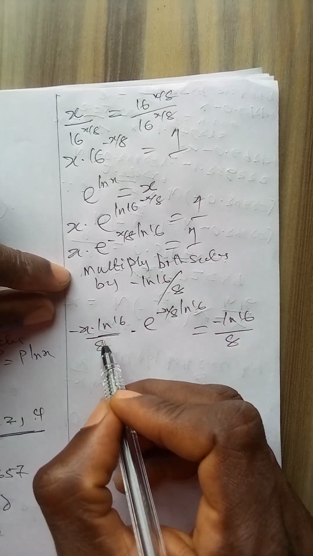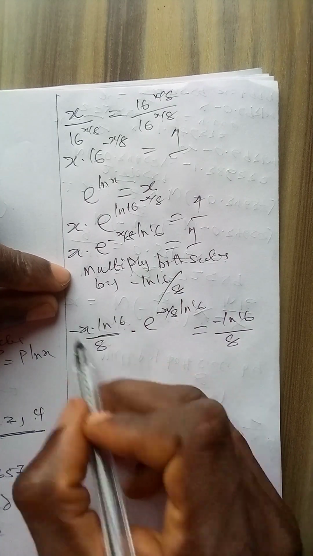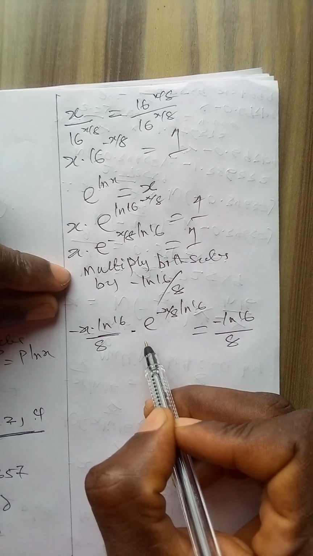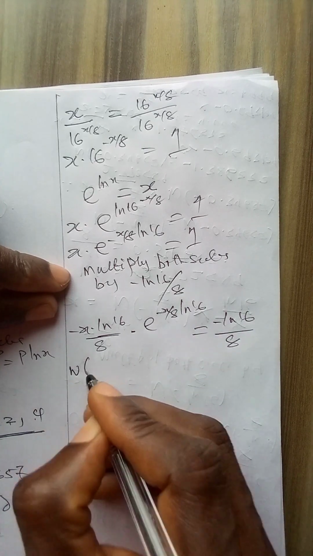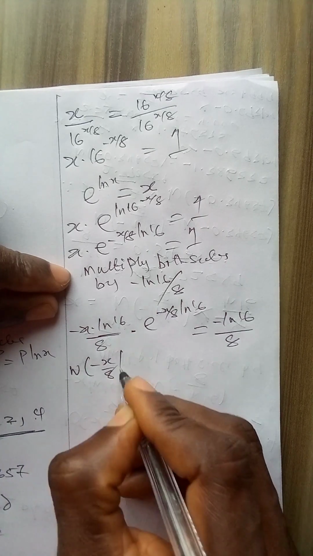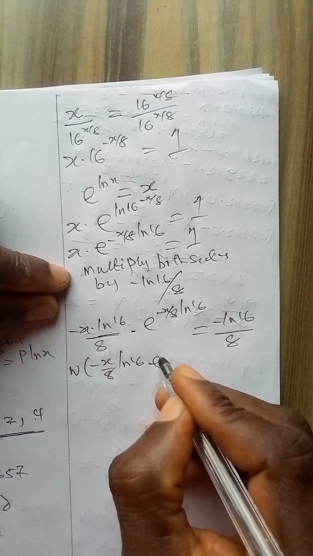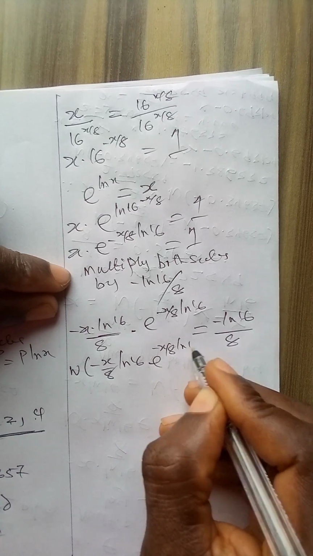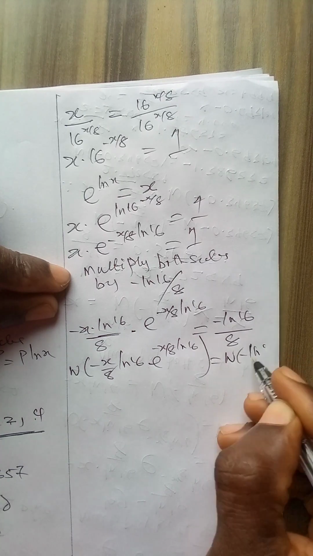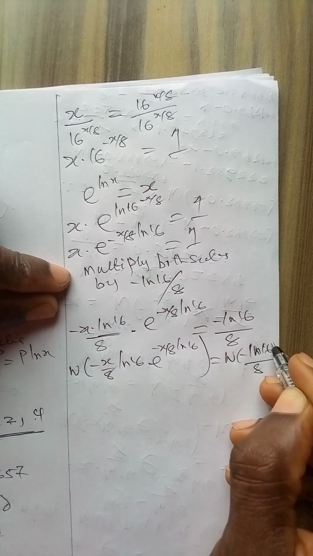So you can now see that this function is exactly the same thing as the power of the exponent. So we can comfortably take the W of both sides. So we have minus x over 8 ln 16, e to the minus x over 8 ln 16, equals W of minus ln 16 over 8.